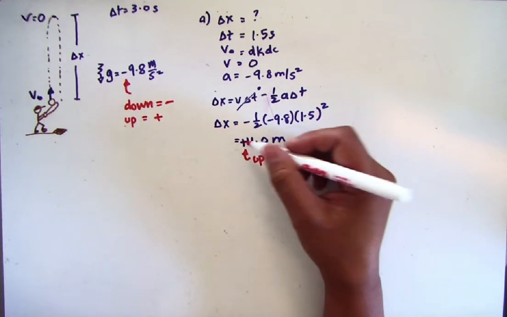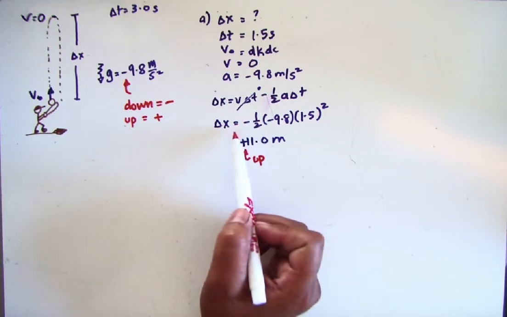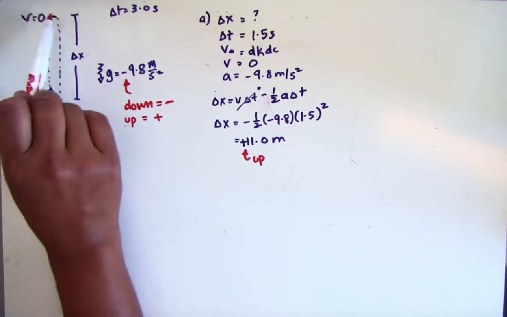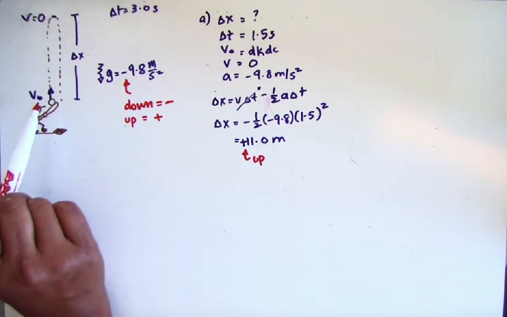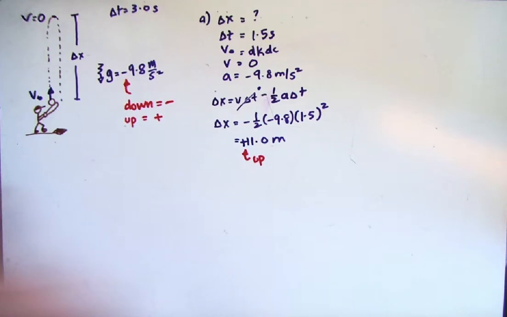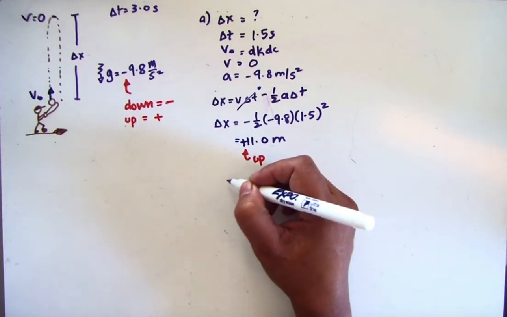That makes sense because delta x is a displacement, and it's saying that by the time the velocity has reached 0, this ball has traveled 11 meters up. Since we're only looking at half of it, the distance traveled is also 11 meters up.